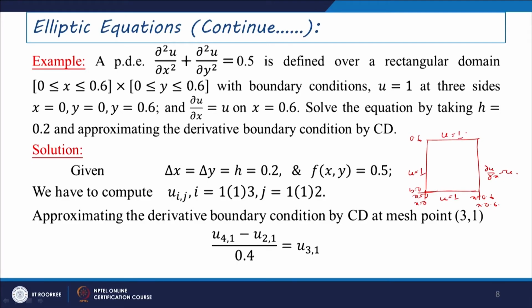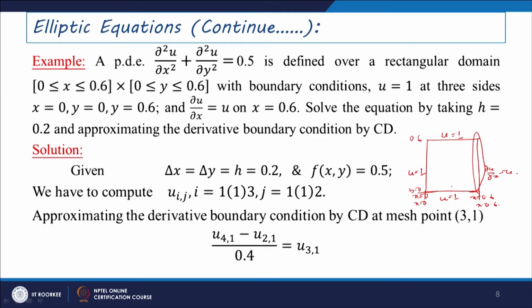Since this derivative boundary condition is given along x equals 0.6, at the last boundary, we can consider the central difference approximation along this boundary. If you consider h equals 0.2, we can move like 0, 0.2, then 0.4 and 0.6, and we have to consider one fictitious cell here, which will be one more extra point.